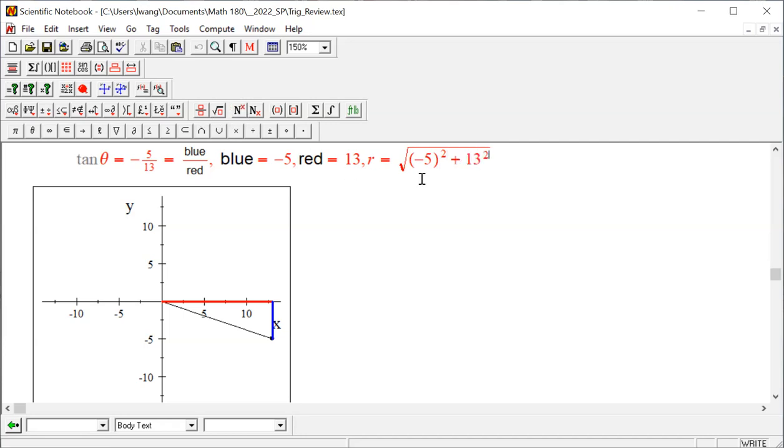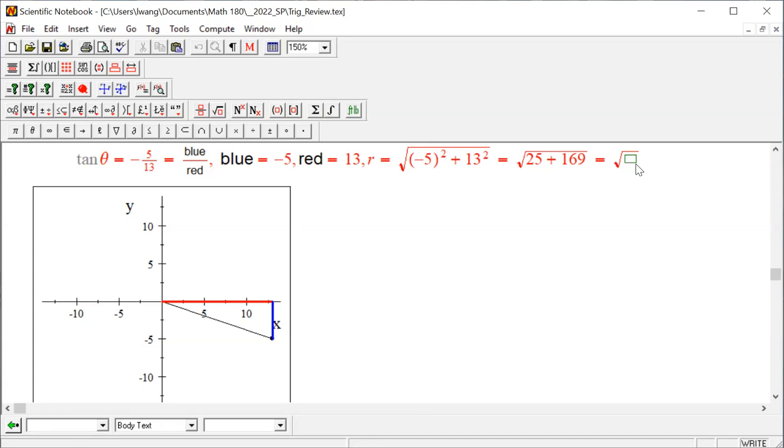This is not going to be a perfect number. I'm sorry, guys, but it happens a lot, especially in real life. So it's 25 plus 169. What would that be?